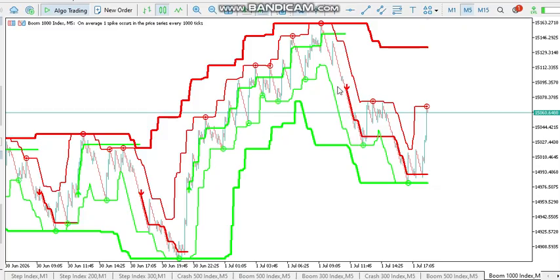So as you can see now, we have our arrow indicator that appears at this particular area. Once it appears, that is to tell us that our market is going on a downtrend, most especially when this light green line has not reached our resistance level, because once this green line reaches our resistance level, that is to take our profit.